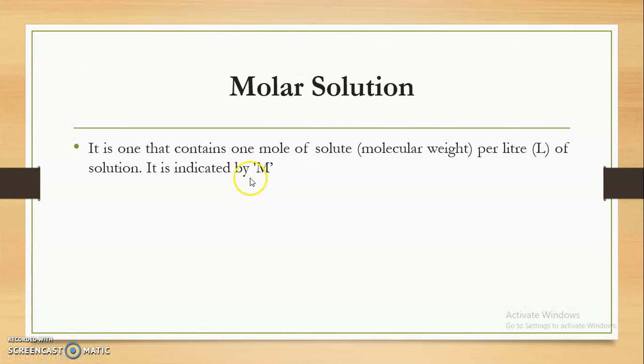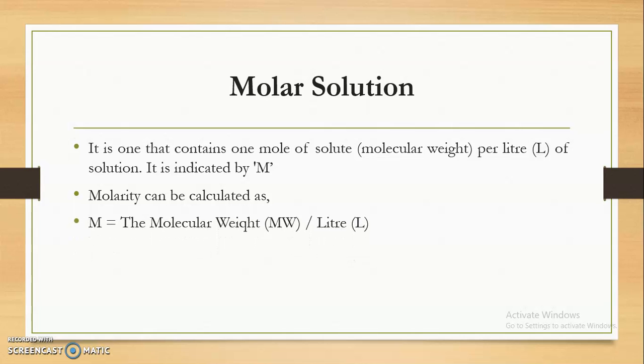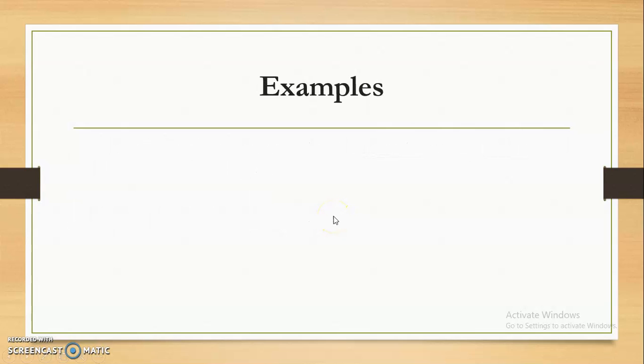It is indicated by using the capital M. The molarity can be calculated as M equal to the molecular weight of that particular solute divided by the 1000 ml or the 1 liter. Generally 1000 ml is used to express that particular volume.